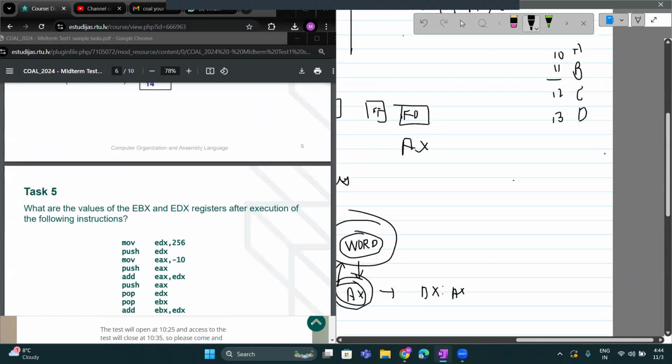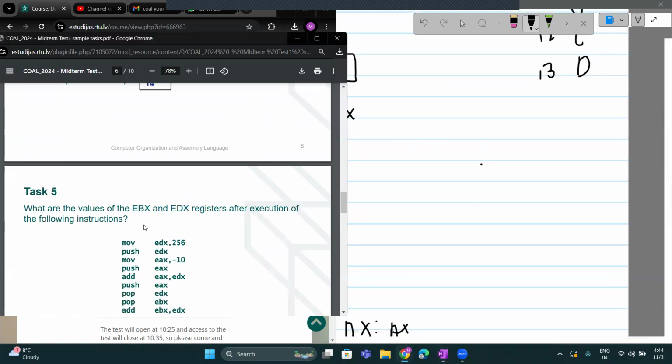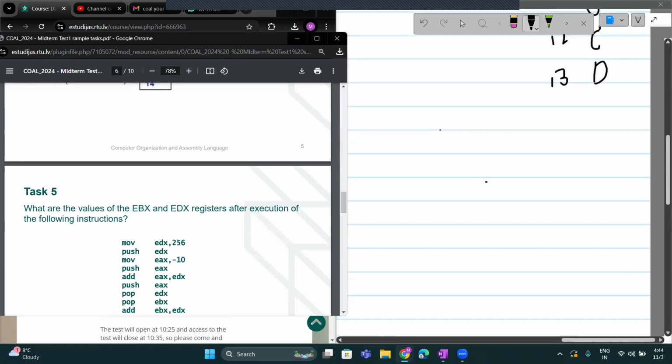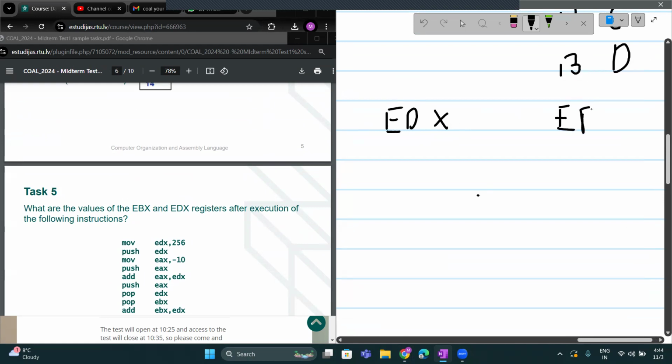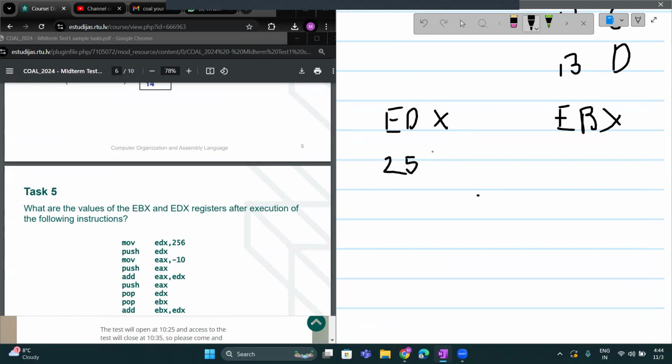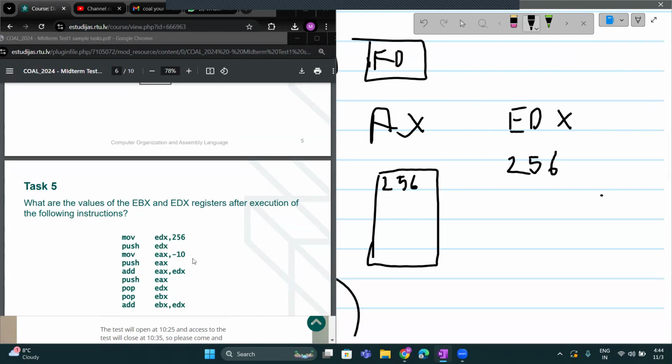Now we can try this question too. What are the values of EBX and EDX after the instructions? Let's write down EDX and EBX. So EDX got 256 and we pushed the EDX value to the stack. We can create a sample stack here. So 256 is there.